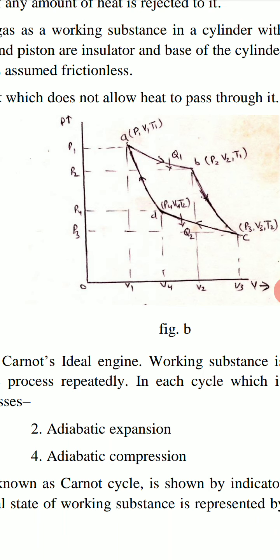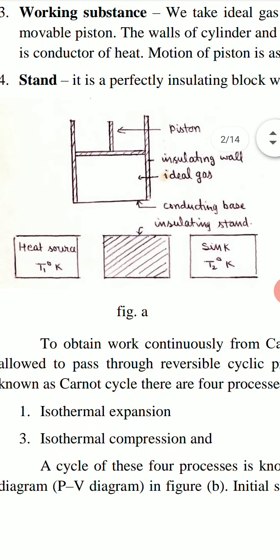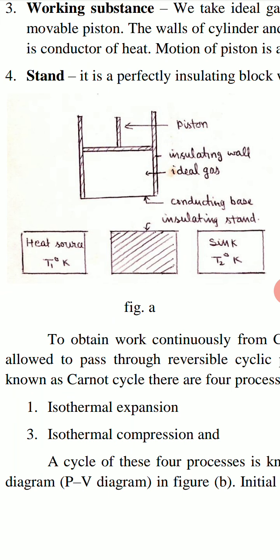This is the complete cycle, which includes four processes. First, isothermal expansion AB. Second, adiabatic expansion BC. Third, isothermal compression CD, and last DA, that is adiabatic compression. In the first process, that is isothermal expansion AB, the gas extracts heat from source.